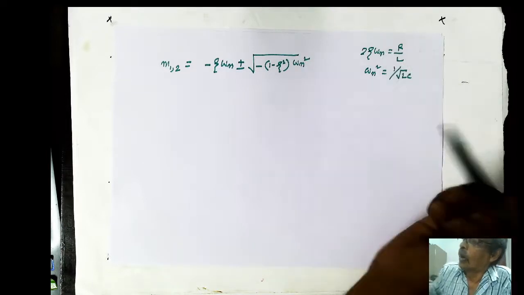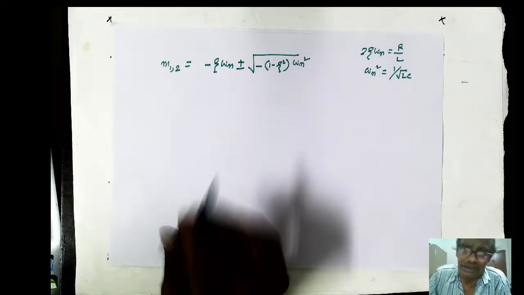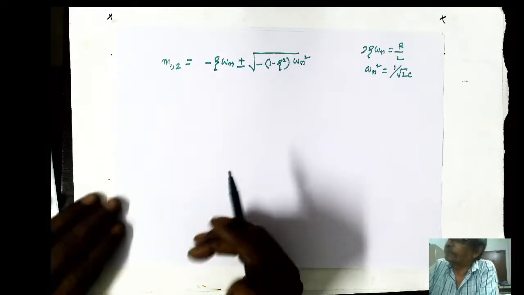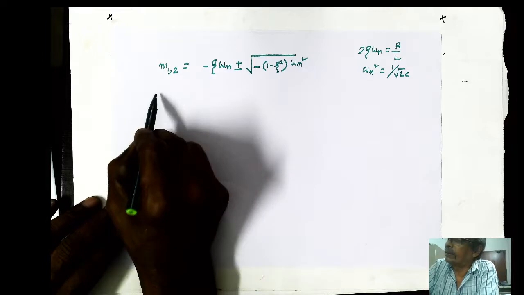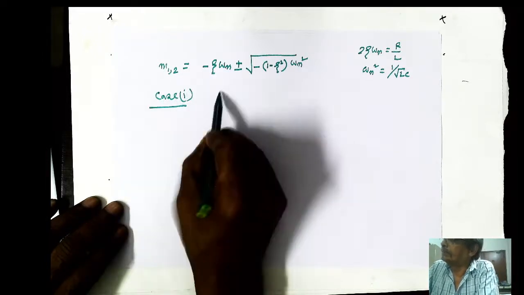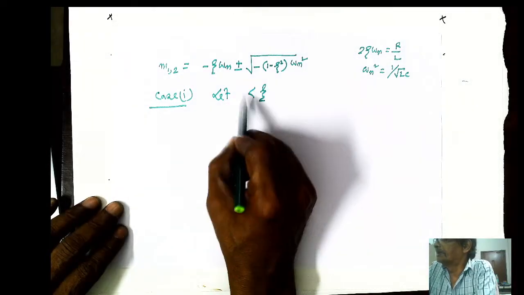Okay, so we will take up first this case, the so-called difficult case, in mathematical terms. Let case 1: let zeta be greater than 0 but less than 1.